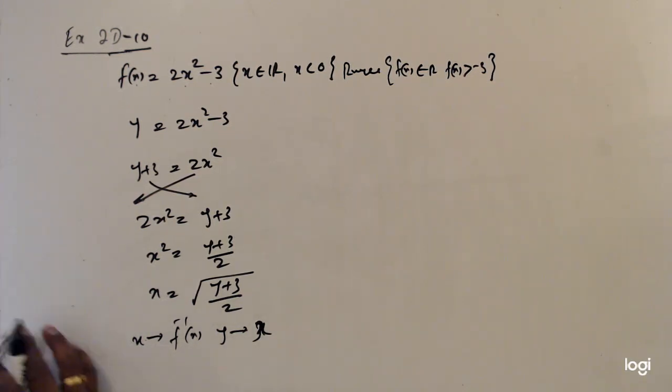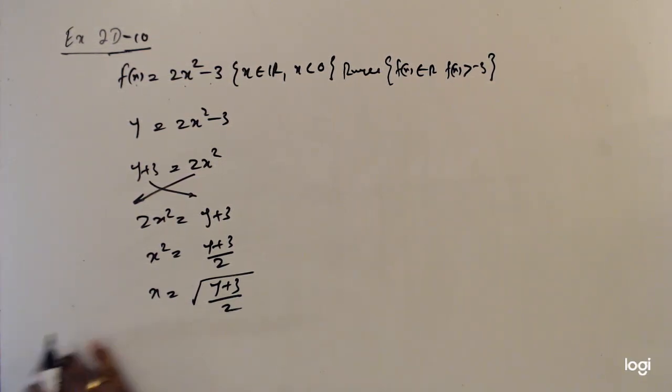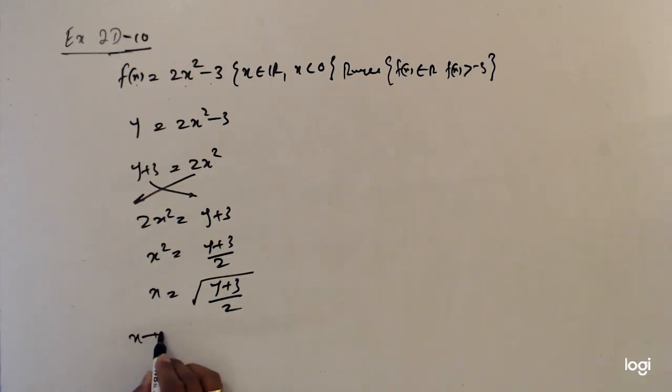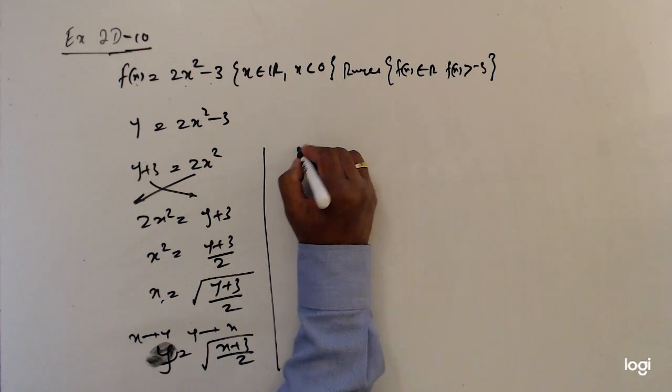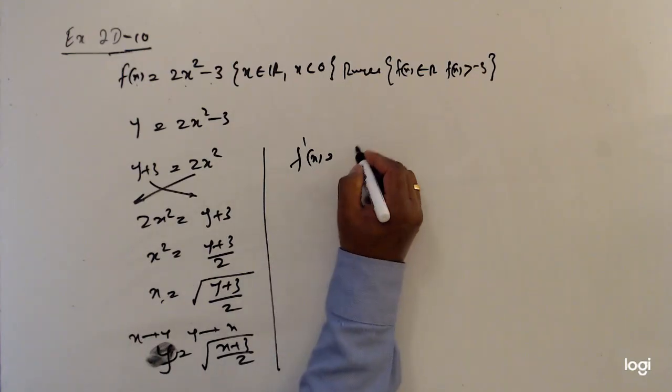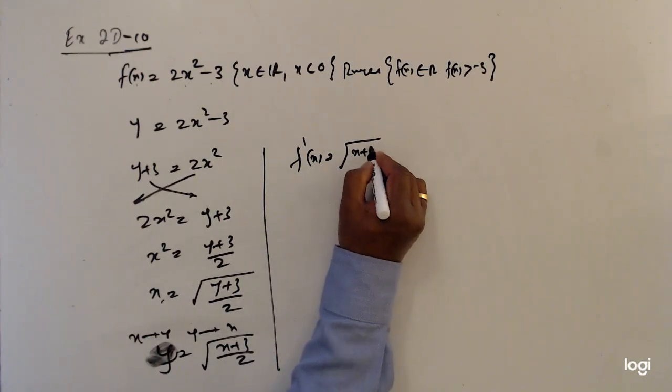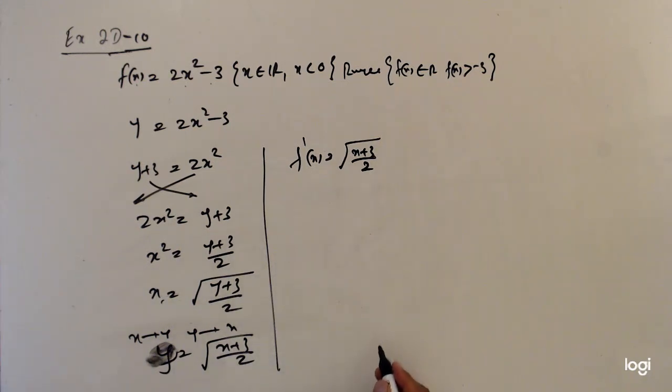If you want, you can bring it like this as well, and then swap x to y and y to x first. Then y = square root of (x + 3)/2, and then you can write this as f inverse x = square root of (x + 3)/2.